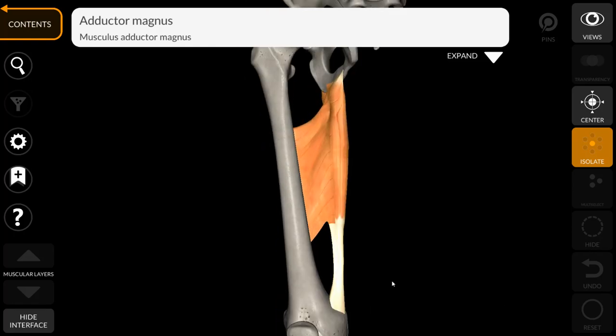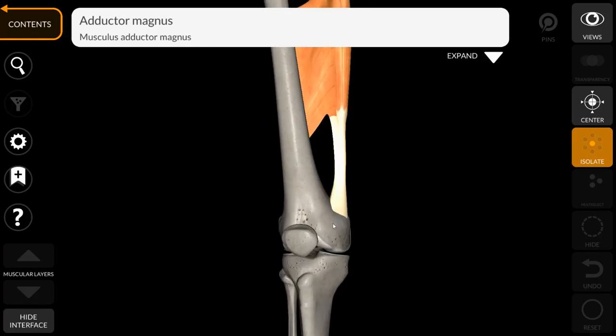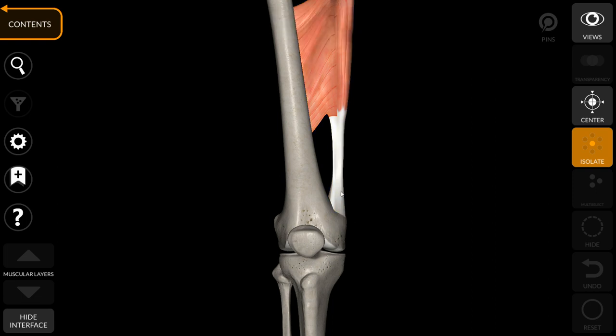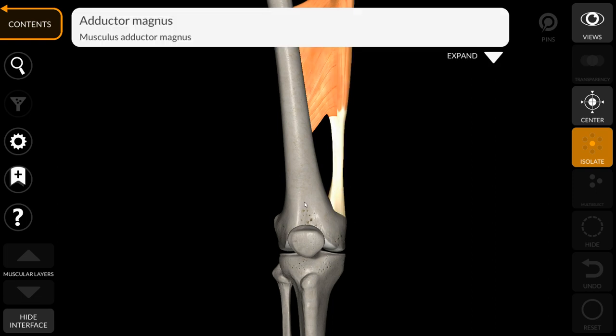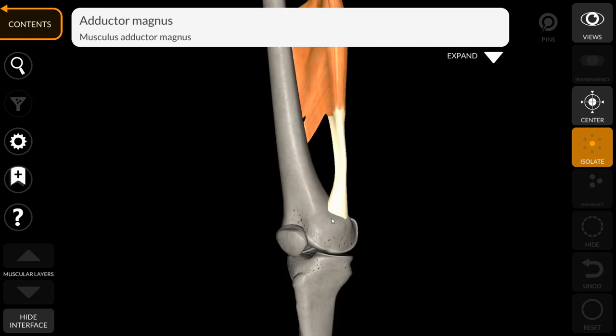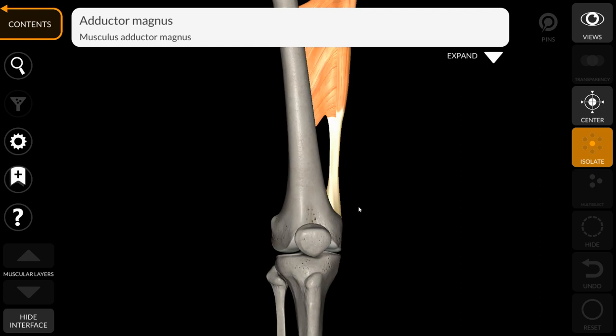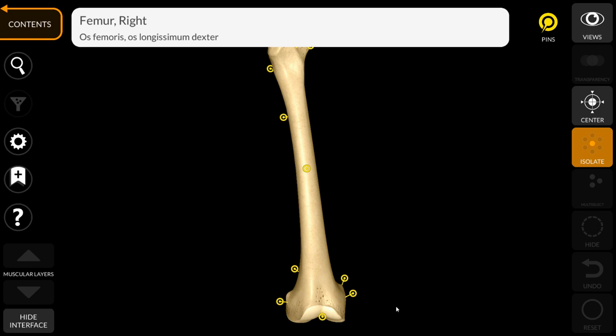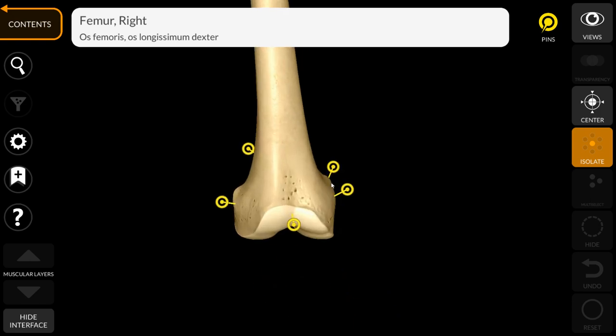Yes, class, I think you know this structure over here, just above your medial condyle of the femur. You have one projection, a tubercle, over here.